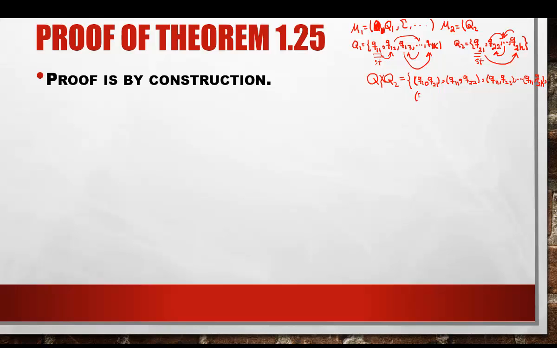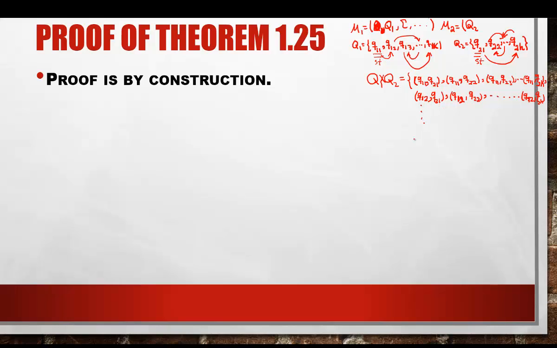And then for Q1 sub 2, the second state of the first automaton, you have combinations with all of the states in the second automaton, all the way to Q1 2, comma Q2H.